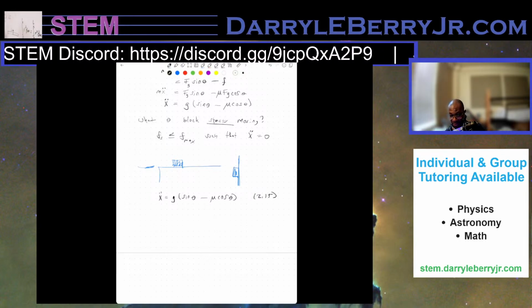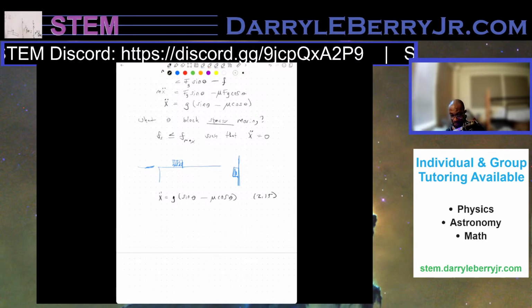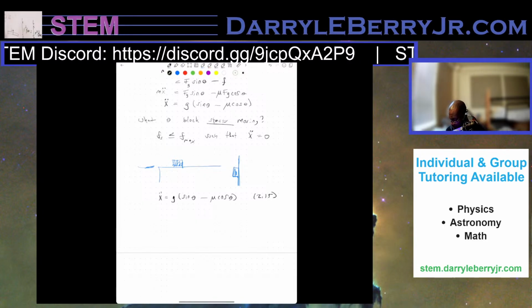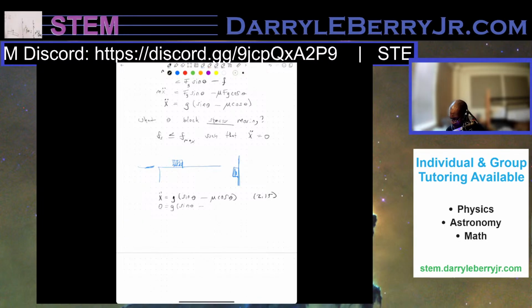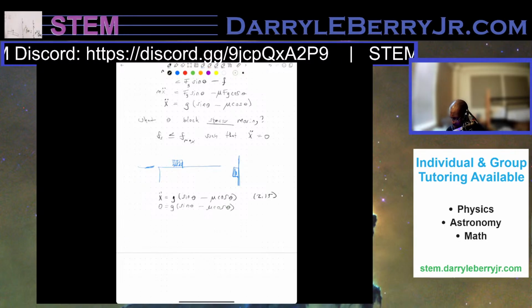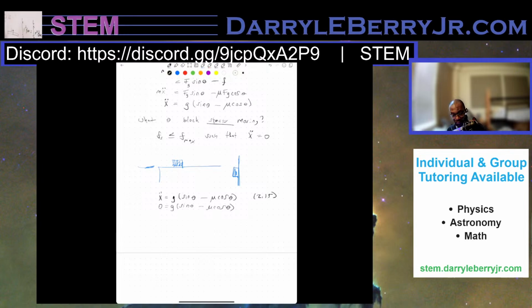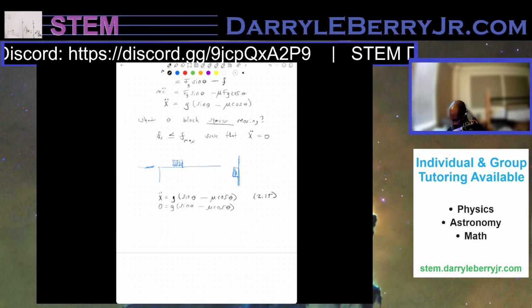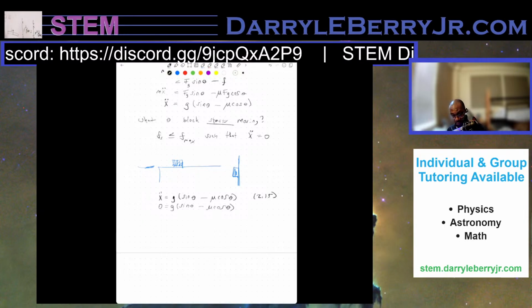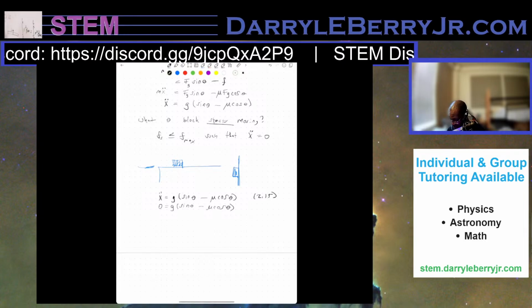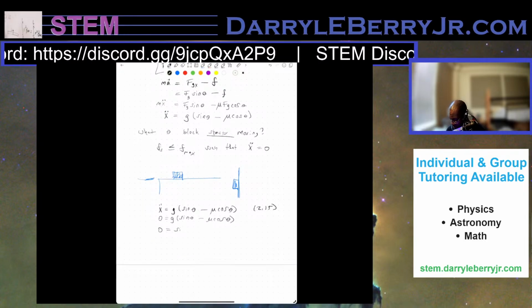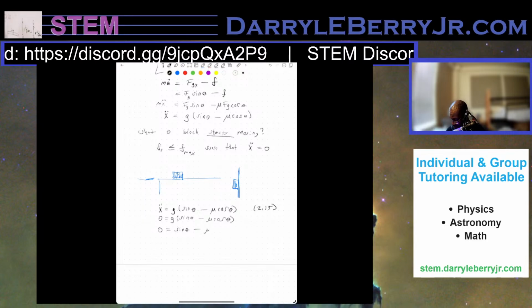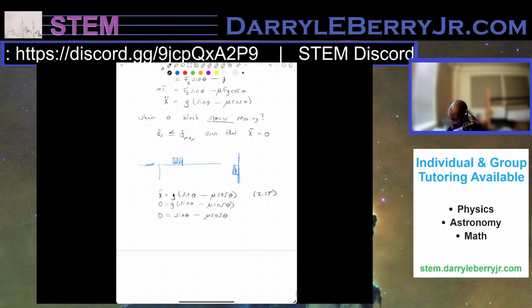Just before the block starts to slide, acceleration is 0. So 0 equals g sine theta minus mu cosine theta. So I can divide both sides by g. Say 0 equals sine theta minus mu cosine theta.